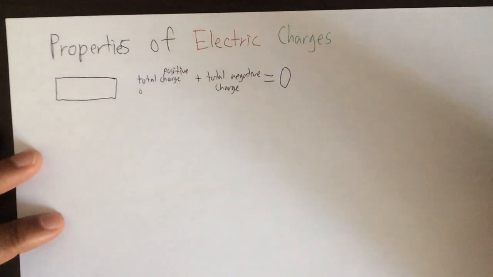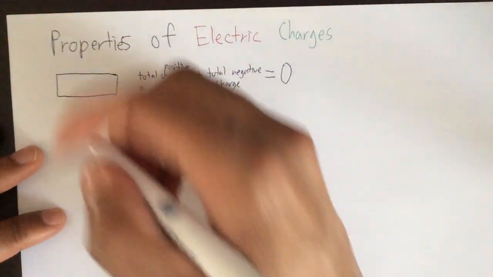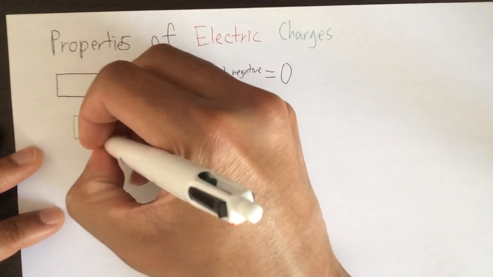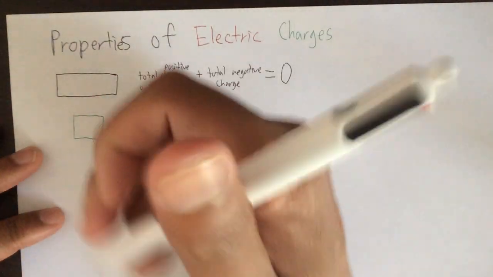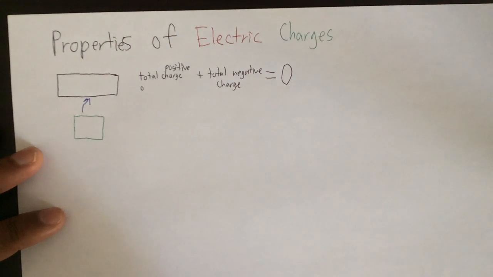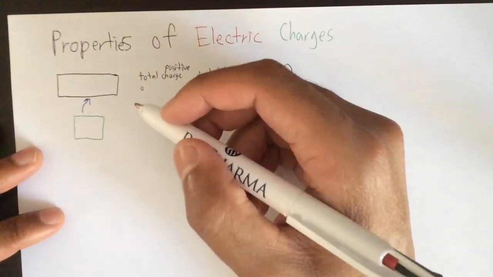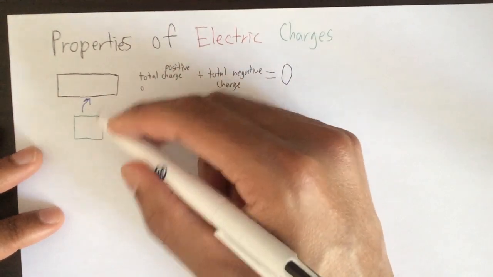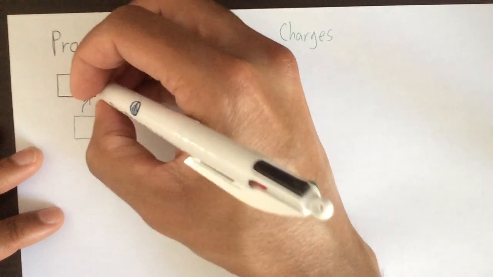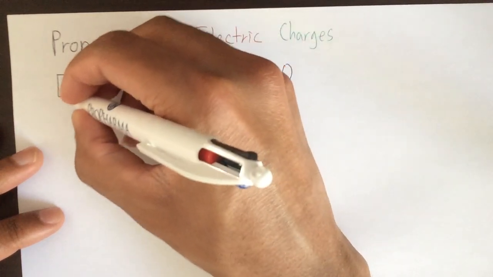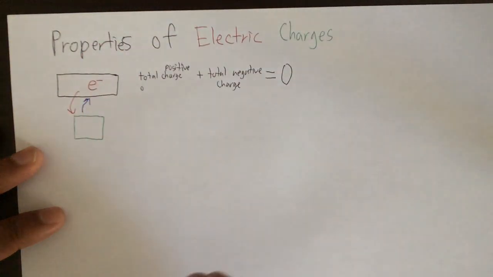Now let's look at what it means when an object is electrically charged. So let's say we have a cloth, and let's say we rub this cloth on this bar. And let's assume, based on the material properties of these two objects, when these two objects are rubbed against each other, the electrons on the bar transfer over into the cloth.